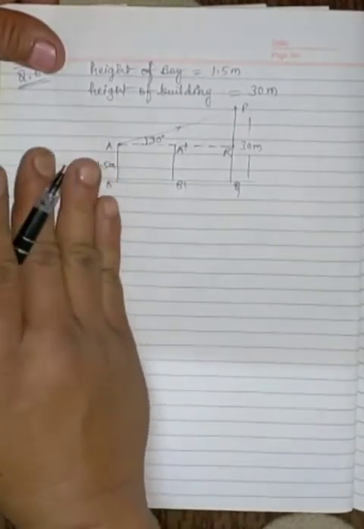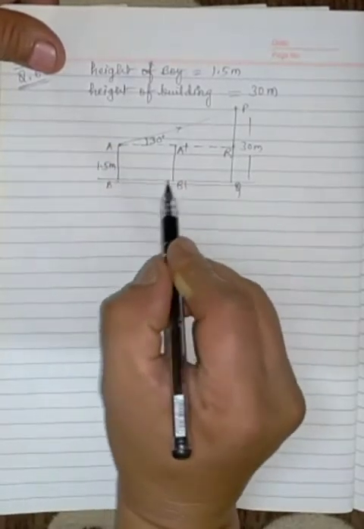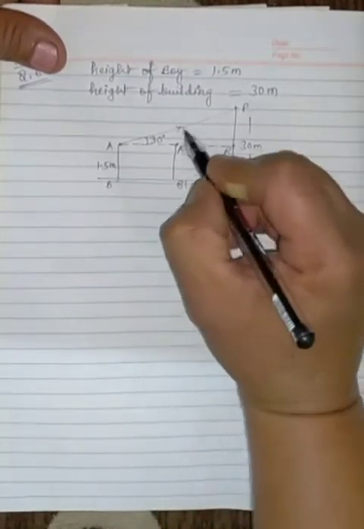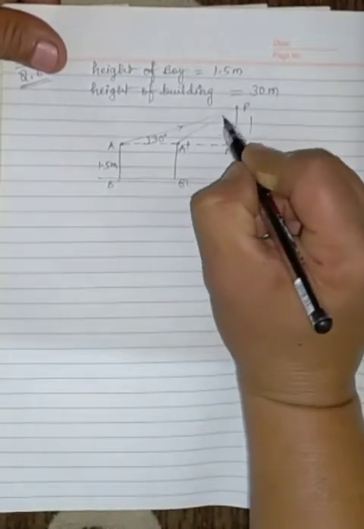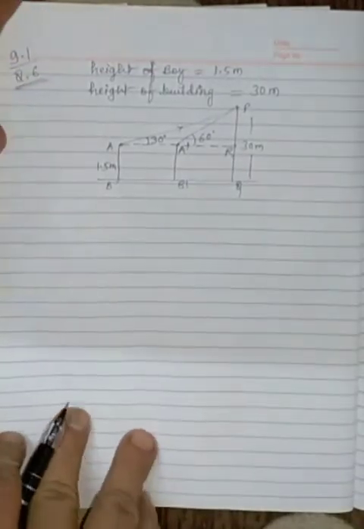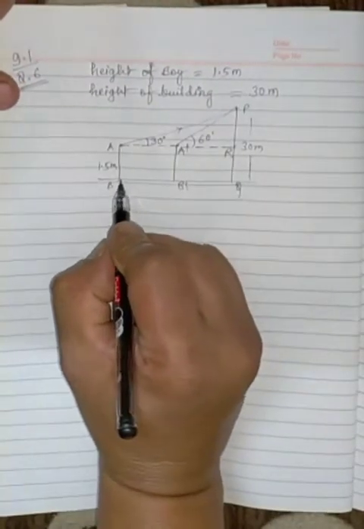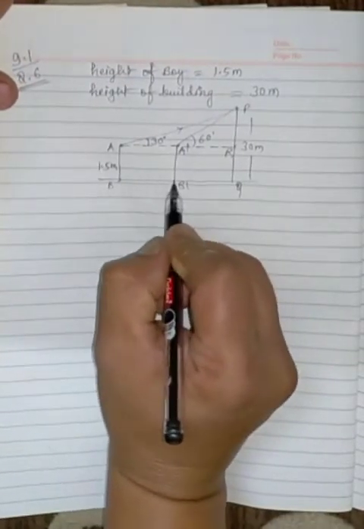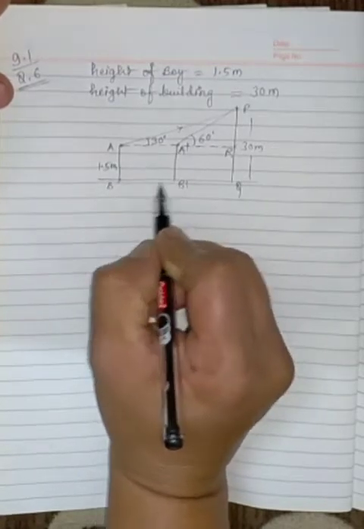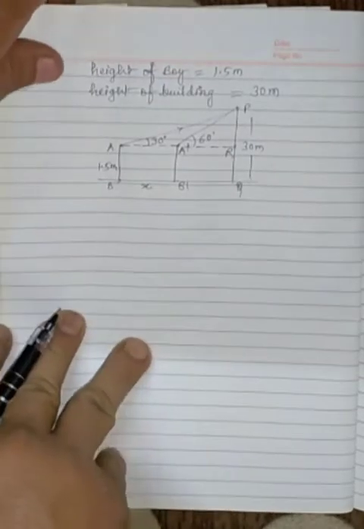He has moved from B to B dash, and in moving so, the angle of elevation from this point now becomes 60 degree. So we have to find out the distance travelled by the boy from B to B dash. Let BB dash be equal to X.